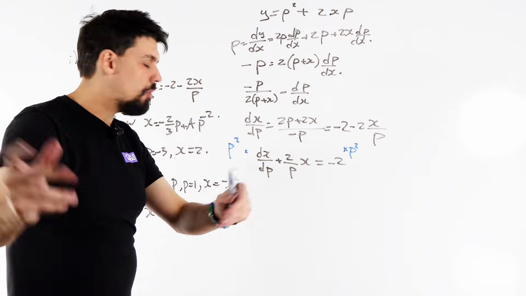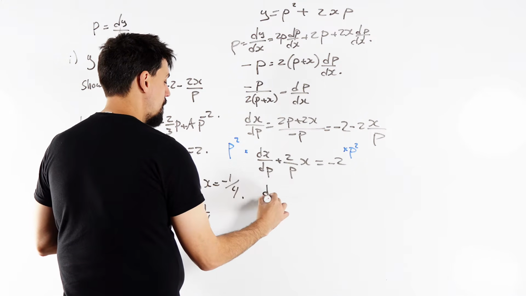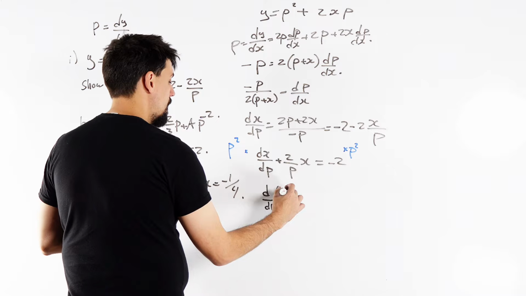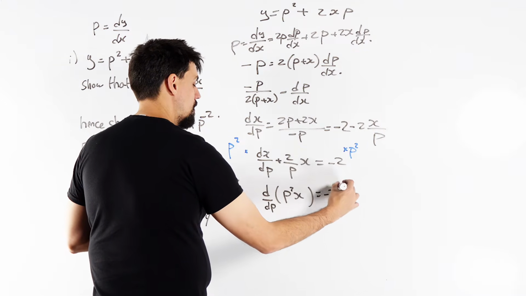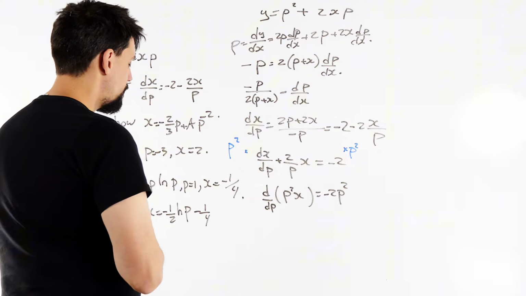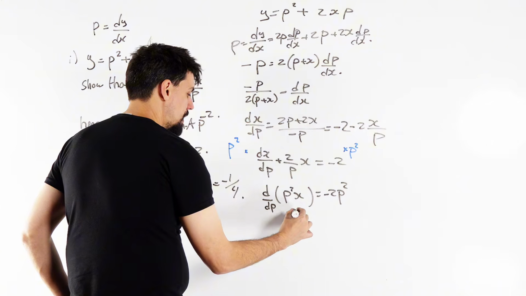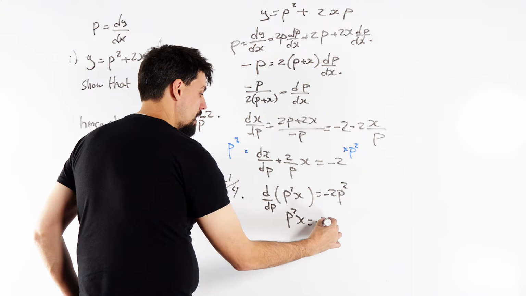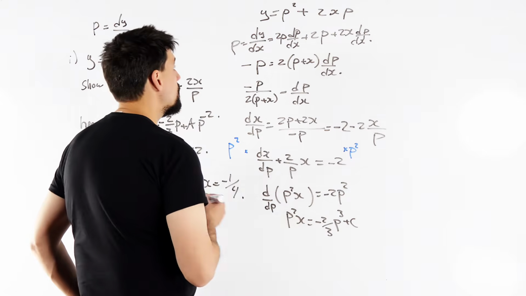Try it out, do the whole manipulation for an integrating factor. If you do that, this becomes d/dp of p squared x is minus 2p squared, which tells me that p squared x is minus 2/3 p cubed plus some constant.